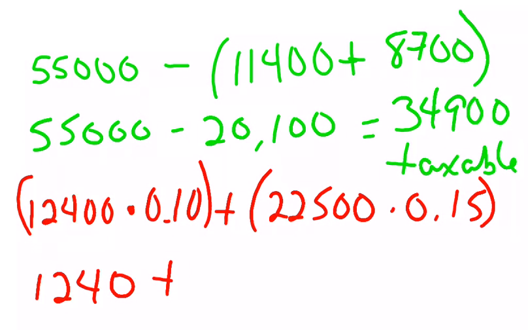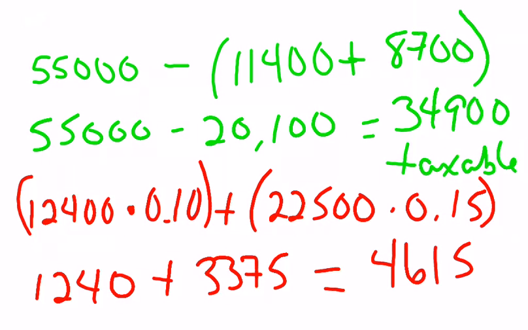And then 22,500 times 0.15 is $3,375. And we want to add those together, and we get $4,615. So this is how much money this person owes in taxes.